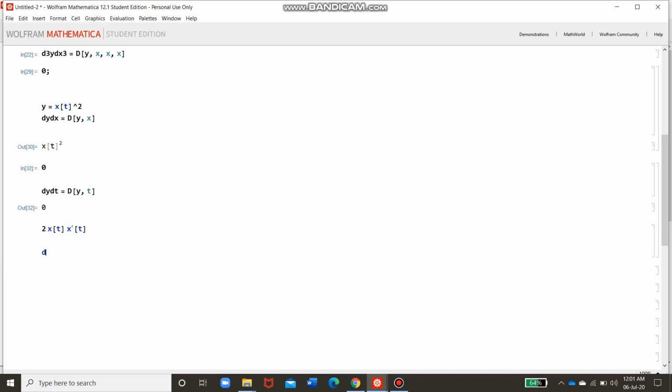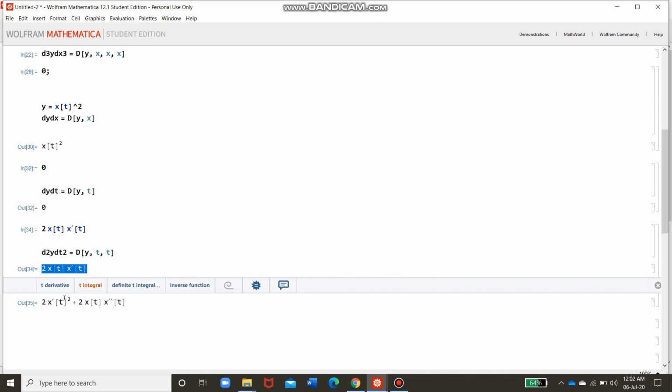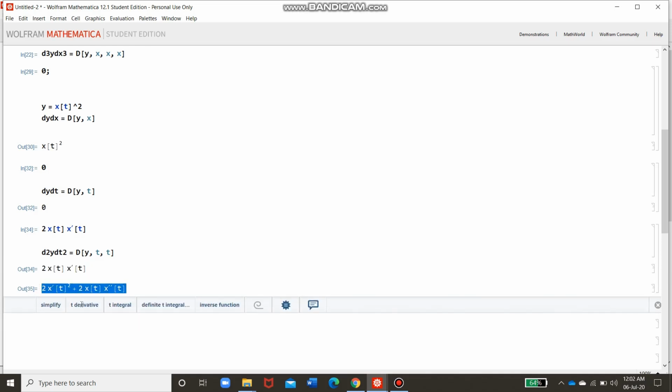So I want to find d squared y by dt squared, which is D, and then I'm going to use y comma t. You close the square brackets, and then you press enter. So this one is for dy by dt, and this one is for d squared y by dt squared.